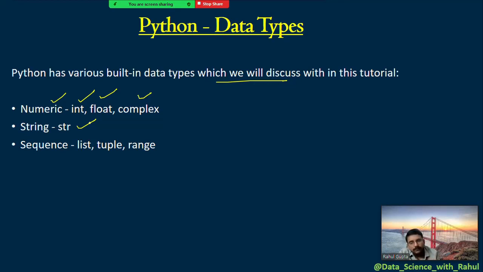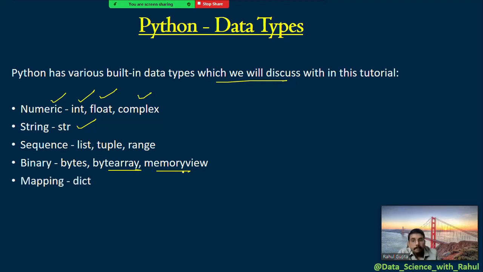So these are a few of the Python inbuilt data types. For binary, we can have bytes, byte array, memory view. For mapping, we can have the dictionary, where we want to map this to this, that to this, some sort of a table, like the match-the-following we used to do in our childhood.